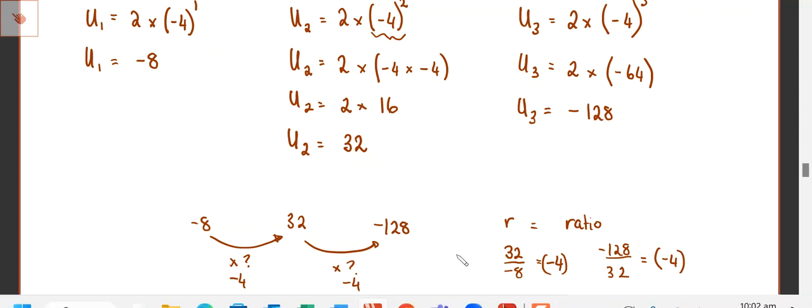So what's my common ratio? Negative 4. Now can I just ask you to do something for me? Can you look at the question again and see whether there's anything in the question that could have told you the common ratio without having to work it out?